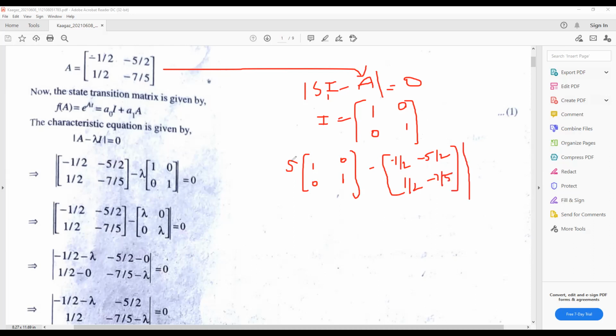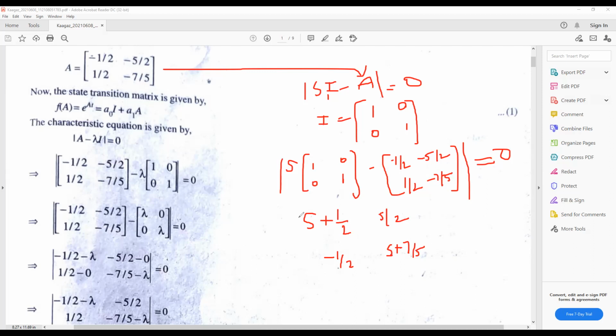The determinant is 0. So we get s plus 1 by 2, 5 by 2, minus 1 by 2, and s plus 7 by 5.